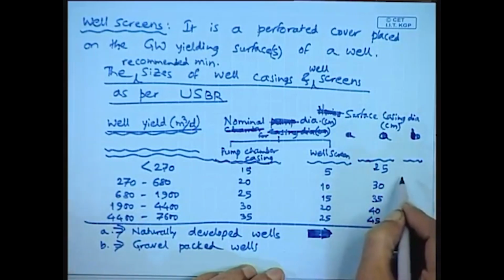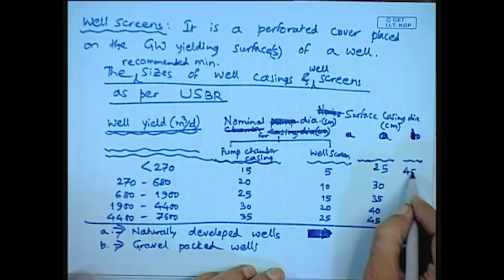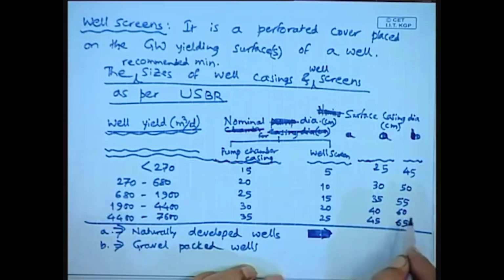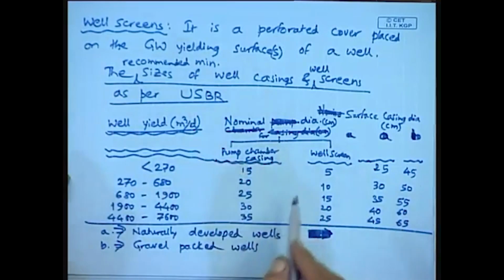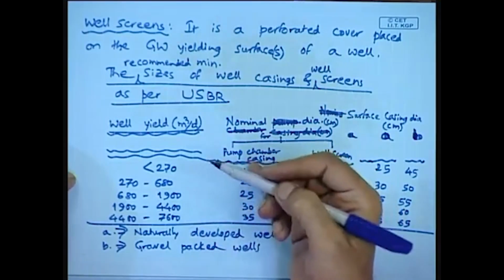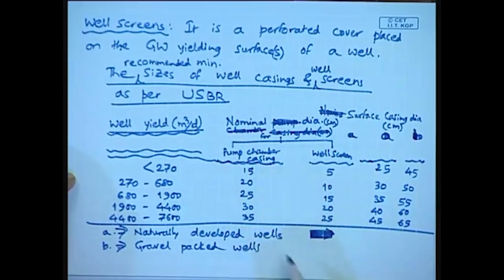And then similarly, for gravel packed wells, it is 45, 50, 55, 60, 65. This is taken from the US Bureau of Reclamation, and of course the same 5 centimeter gap goes on.